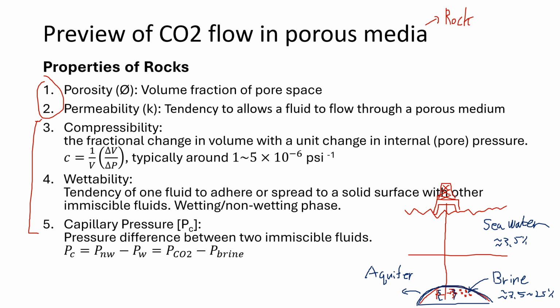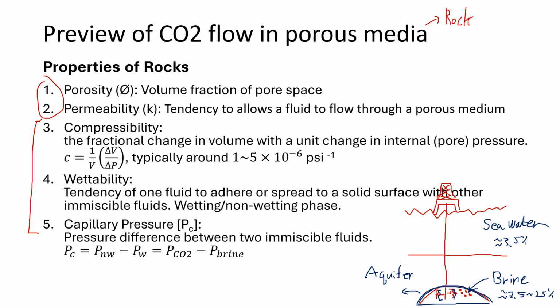So, wettability. The rock has a different tendency to contact each phase. So we have CO2 and the brine, and most of the rock, the formation, has more tendency to contact the water, like a brine, than the CO2.